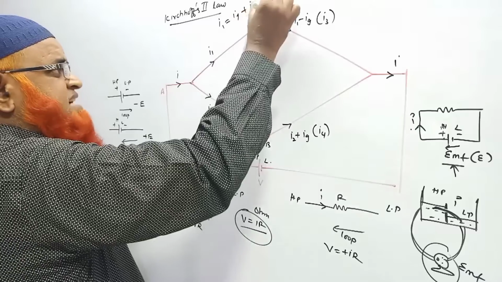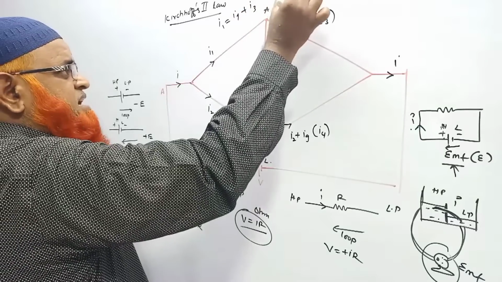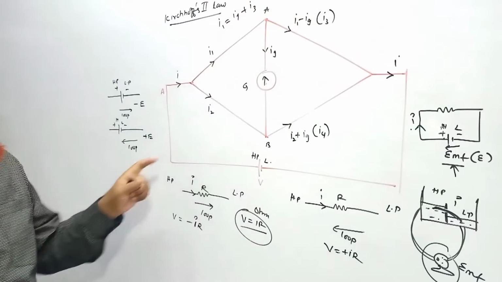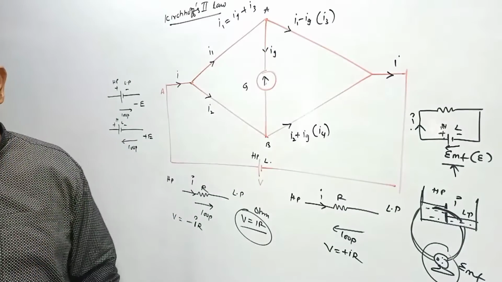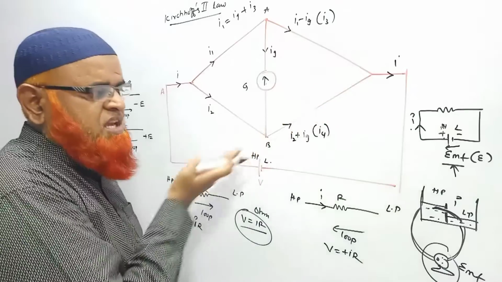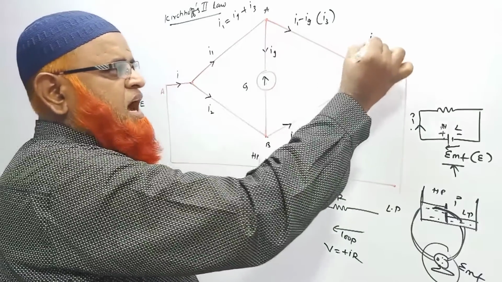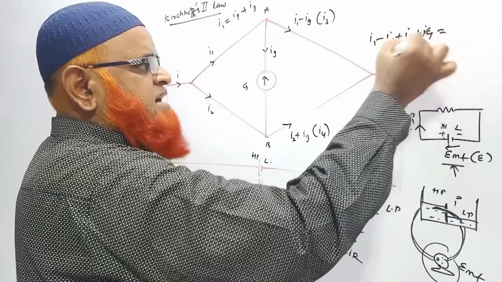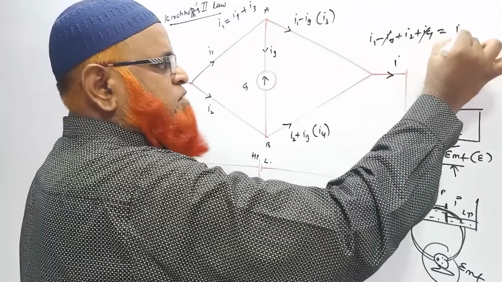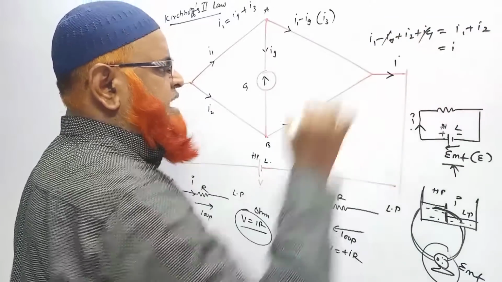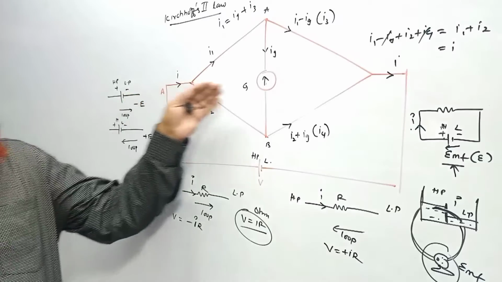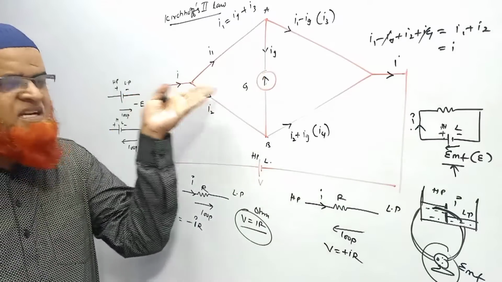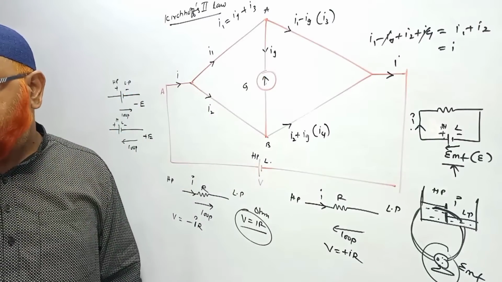I want to find out what is I3. I3 is nothing but I1 minus Ig. Now I1 minus Ig plus I2 plus Ig, Ig gets cancelled. It is going to become I1 plus I2, which is again I. So I is entering, and the same I is coming out.